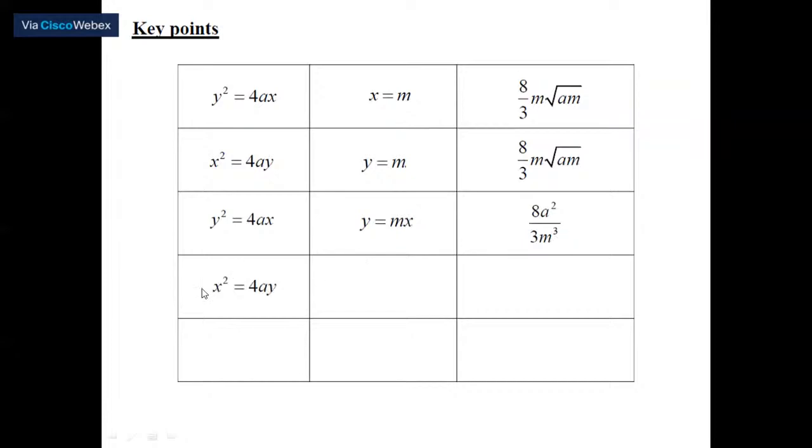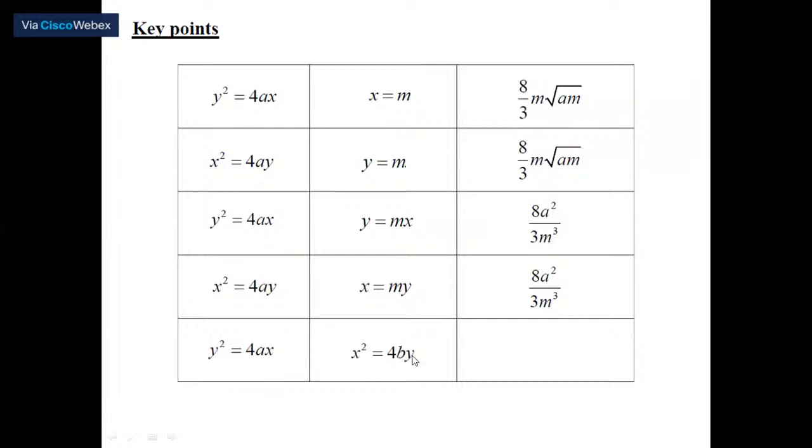And similarly, when the equation of our parabola is x square is equal to 4ay and the equation of the line is x is equal to my, then the area bounded between these two is given by 8a square divided by 3m cube. And finally, let us take up two parabolas, that is y square is equal to 4ax and x square is equal to 4by.